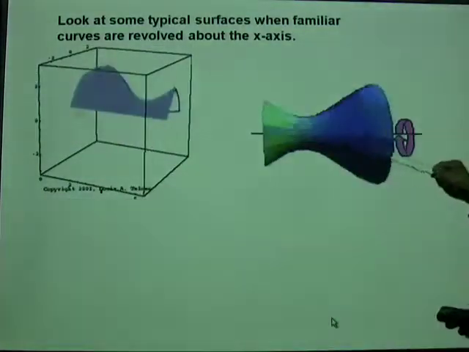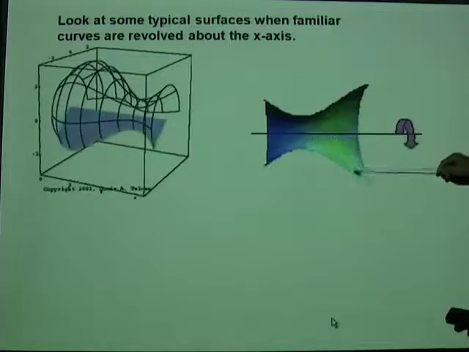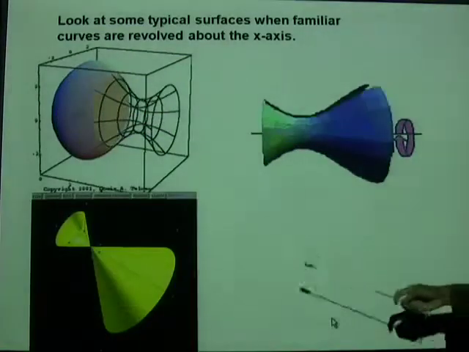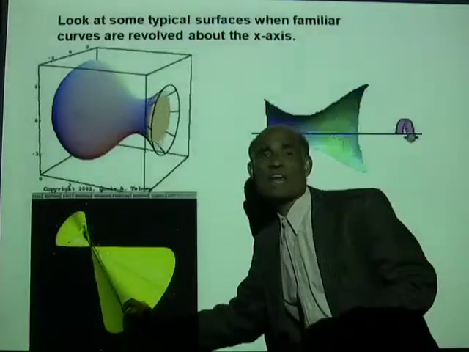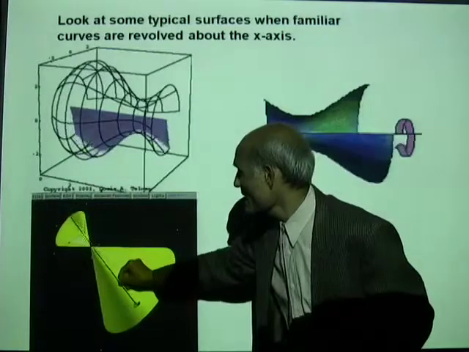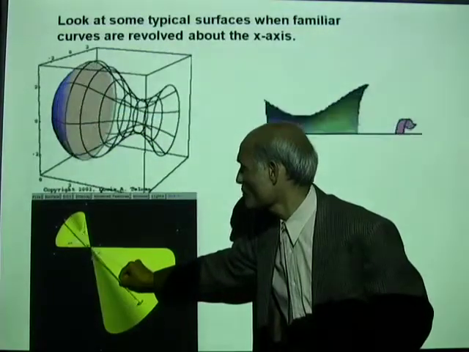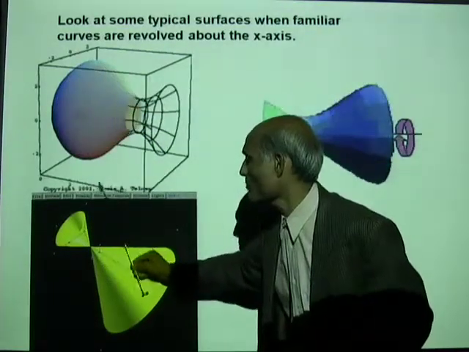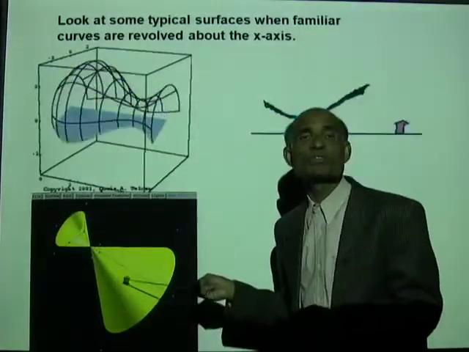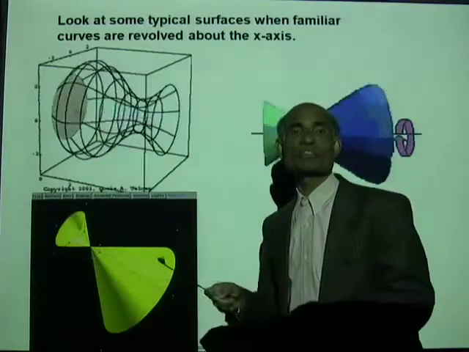Alright. Now how about this? That's again generating a surface. Now tell me, how is this surface generated? If you have a line like this and revolve it about an appropriate axis, I want you to visualize what axis is used to generate this surface.